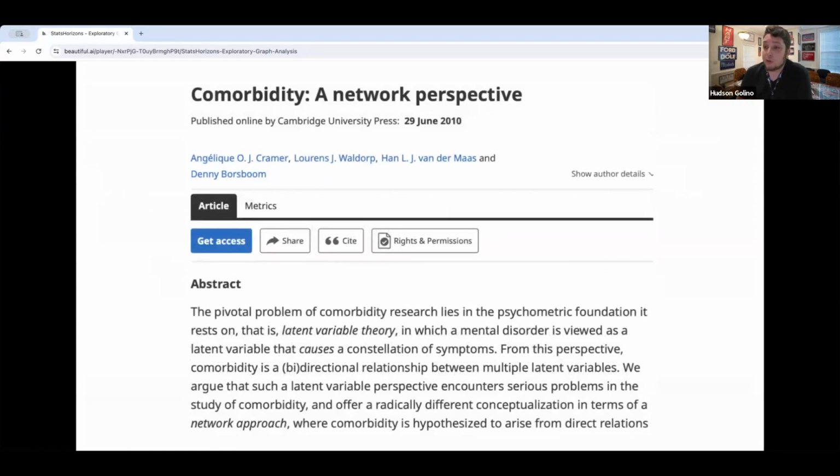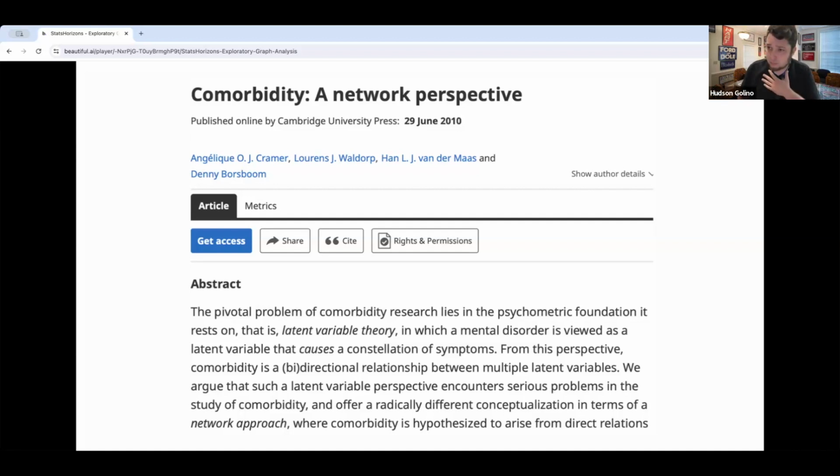And then a few years later, Angelique Cramer, Denny Borsboom, van der Maas and Lourens Waldorp, also from the University of Amsterdam, published a very interesting paper about comorbidity in psychopathology. And they proposed the idea that we should look at psychopathology not from a latent variable lens perspective, what they call the medical model. The medical model is basically you have symptoms, and these symptoms only exist because there is a disease that causes them, right?